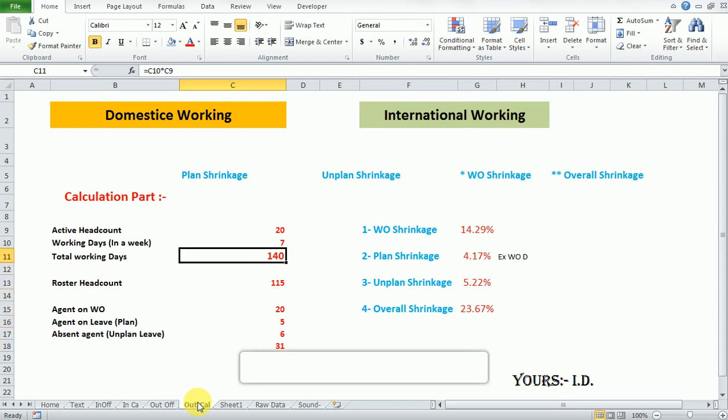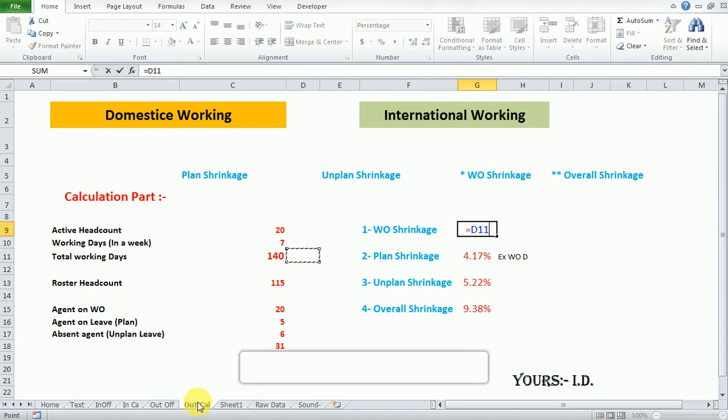Now we are calculating the week off shrinkage. For calculating the week off shrinkage, we will calculate the numerator, the week off count, divided by total working days. This is 14.29, which is the standard shrinkage for week off in domestic business, because every person has to be given a week off in a week.